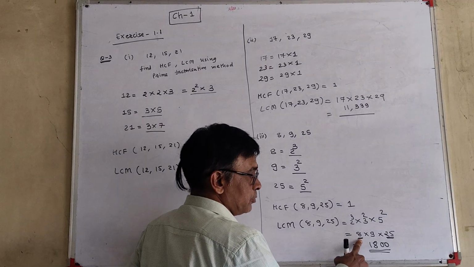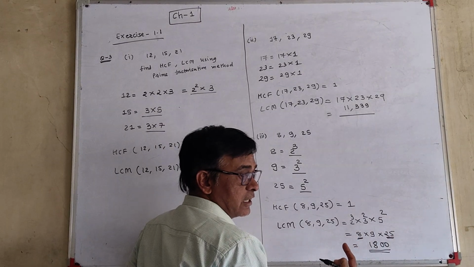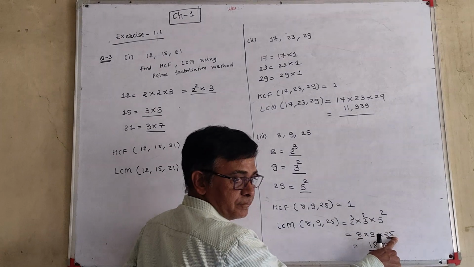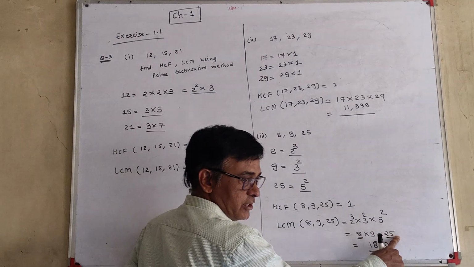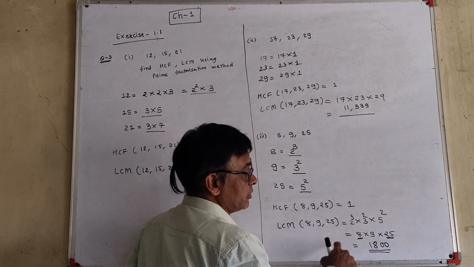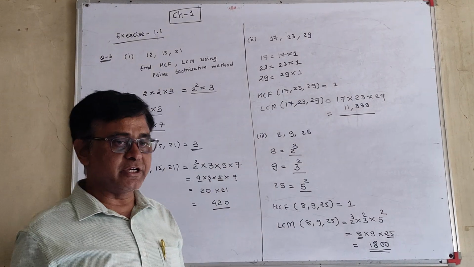Again, I repeat the procedure. Multiply in such a way that the last digit is 0. So 8 5s are 40. That means 0 in the unit digit. So I will multiply 25 and 8. But suppose I don't know what 25 8s are.